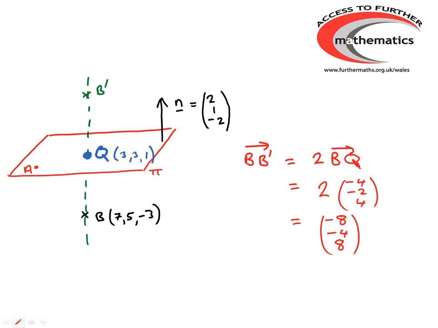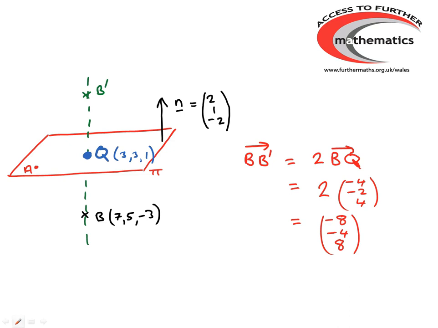Start at minus 3, end up at 1 is a movement of 4 in the z direction. So we know the vector B to Q is minus 4, minus 2, 4. So the movement from B to B' is minus 8 in the x direction, minus 4 in the y direction, and 8 in the z direction.